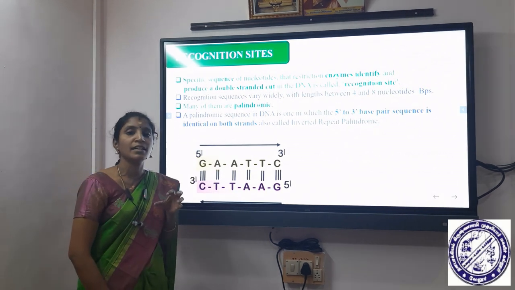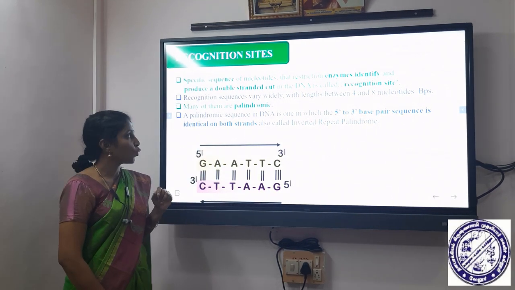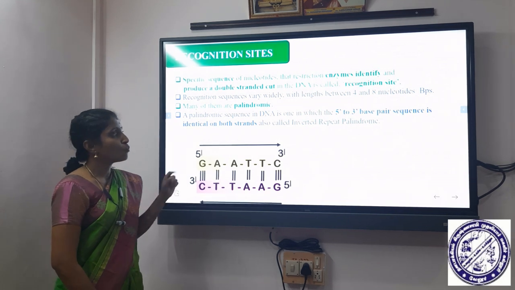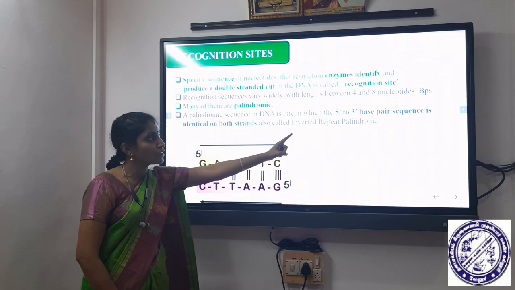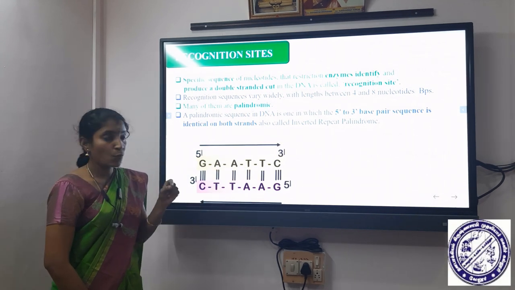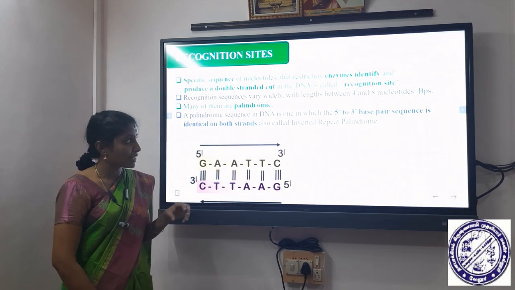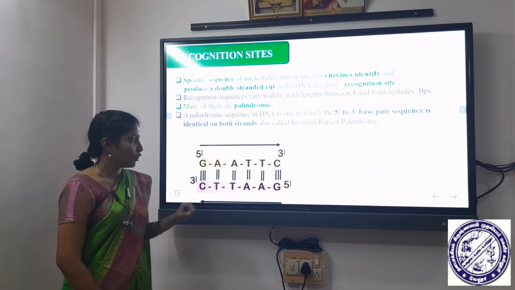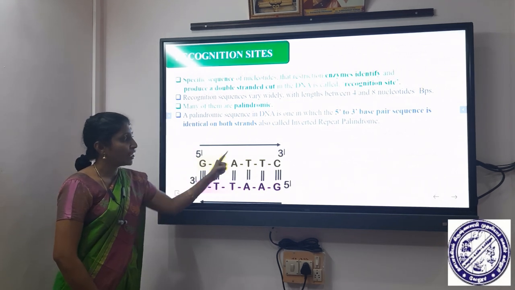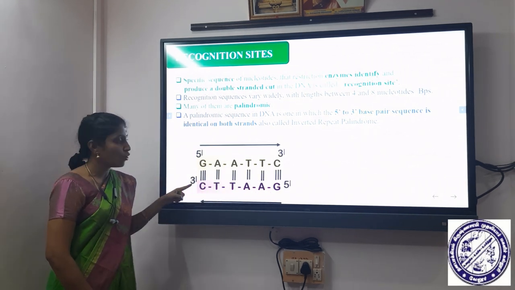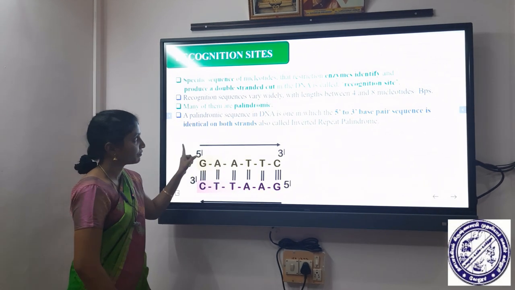Usually this recognition site is a palindrome. What is meant by palindrome? It is DNA in which the 5' to 3' base pair sequence is identical on both sides, so it is also called an inverted repeat. See this diagram: GAATTC from 5' to 3', the same thing is present in the opposite strand also. GAATTC.